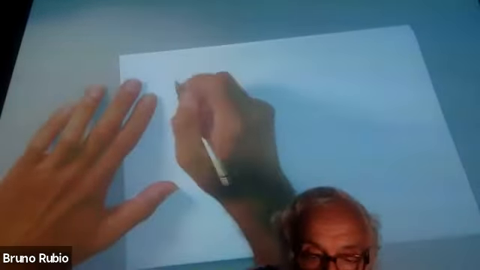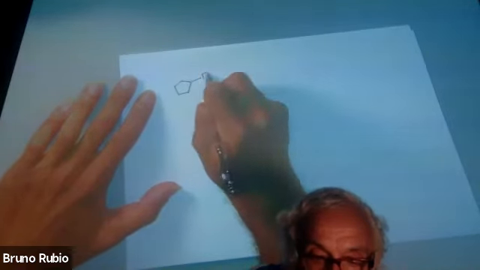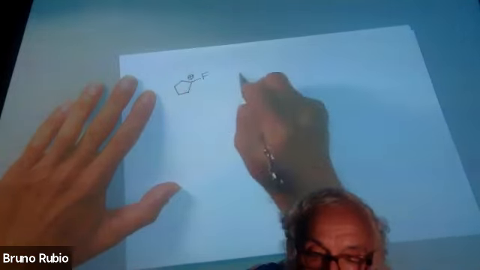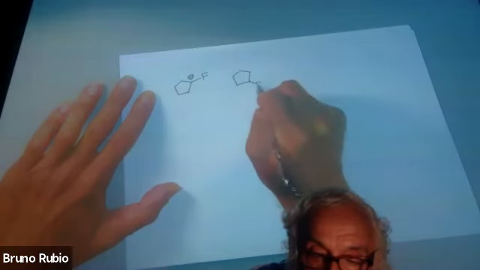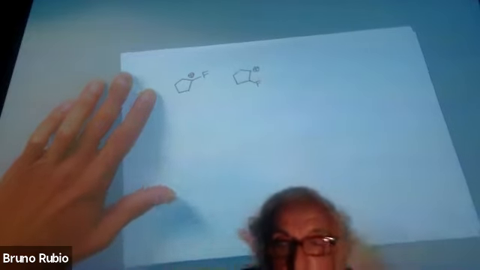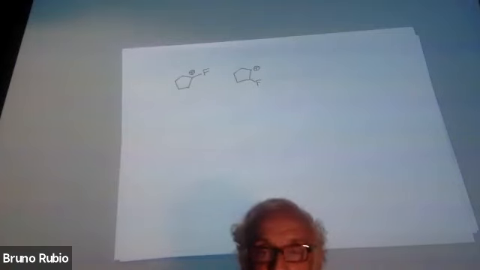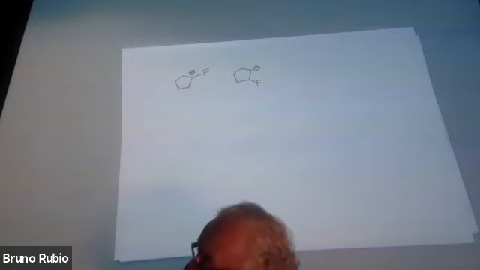Okay, so time for another trick question. Okay, but I already let the cat out of the bag, so this is not really a trick question. Who's the more stable carbocation? Okay, I'm expecting 100% accuracy here in the chat, right? This is a trick question. Who's the more stable carbocation?